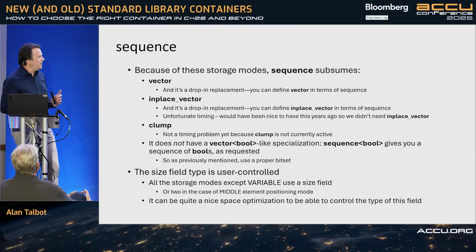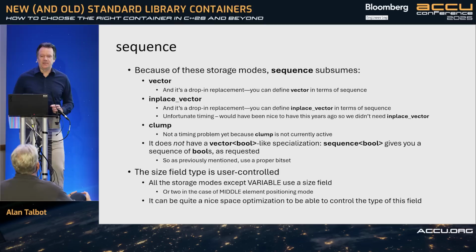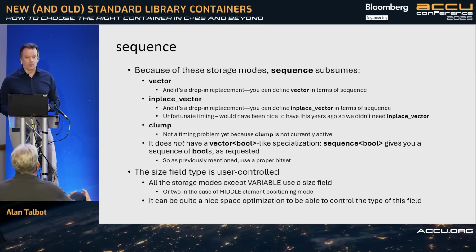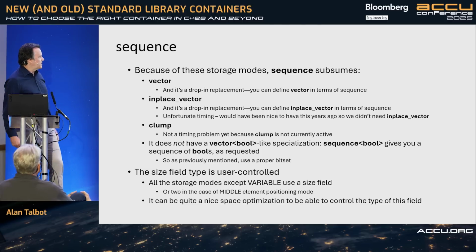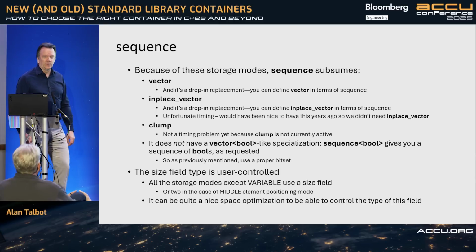But what if what you care about is maximum speed? Well, you really might want your size field to be a word. And different computers have different word sizes. So the user gets to specify the size field type, or if you will, the size.